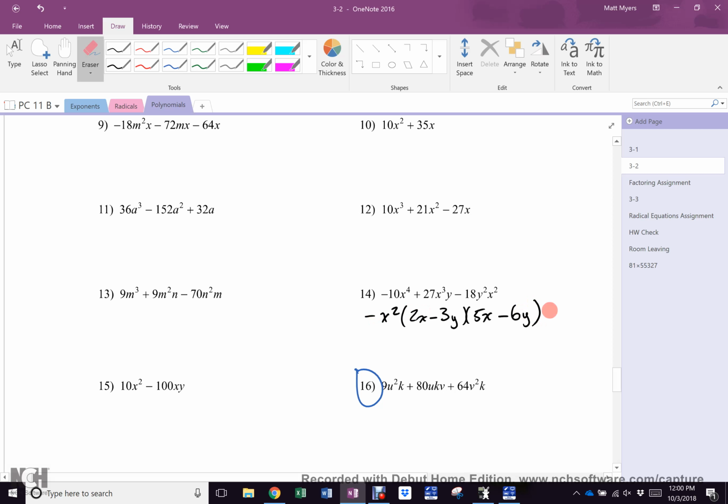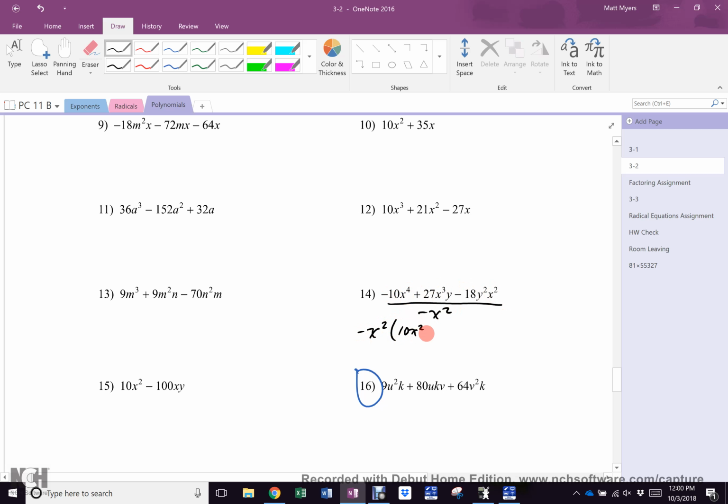Okay, so you can see, Lucas, that he took out a negative x squared, right? Because there's 4x's there, 3x's there, 2x's there, right? So he took out negative x squared, which left him with 10x squared, right?